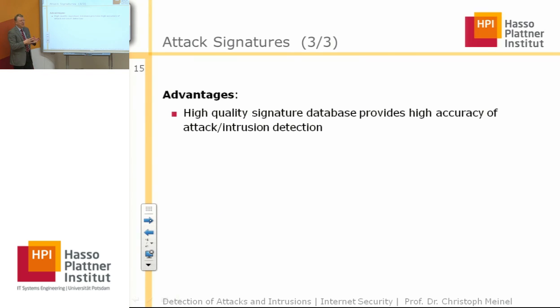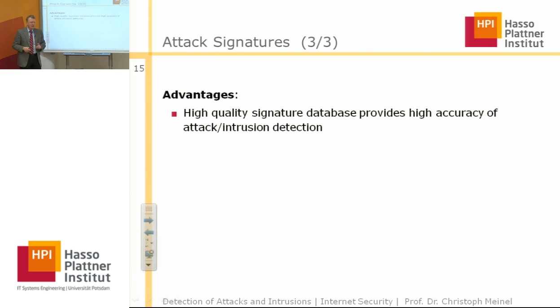What is the advantage of this signature-based intrusion detection system? This type of system works with a very high quality signature database, which provides high accuracy. If the database has stored all characteristics of all attack and intrusion patterns, then there is a very good chance to detect such attacks.